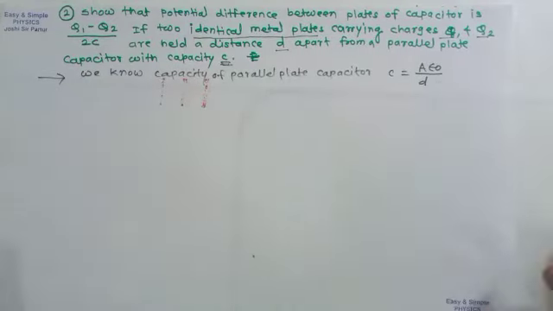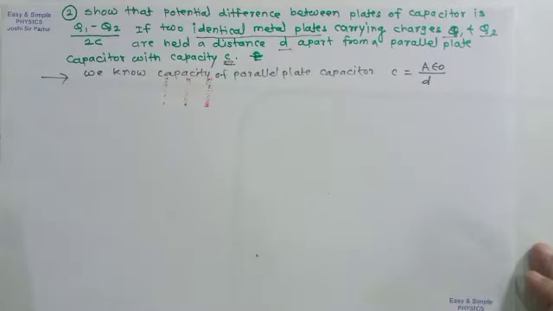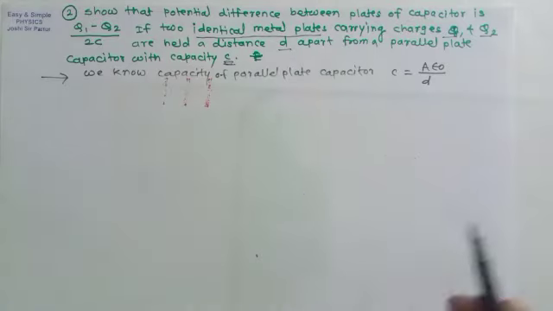K is the dielectric constant. For air medium, the dielectric constant is kept as 1. A is the area and D is the distance between two parallel plates.